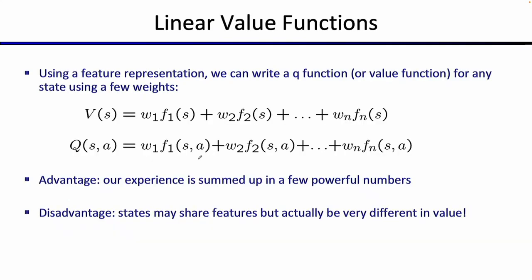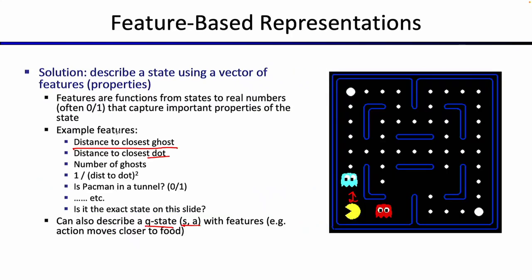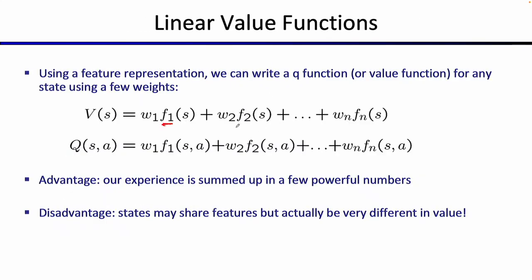So if we have these features, which we can call f1 to fn, we can then describe the value functions or the Q functions as linear combinations of these features. So if we're in a particular state, instead of looking up the Q value in some table, we're going to be giving the Q value as some weighted combination of these features.